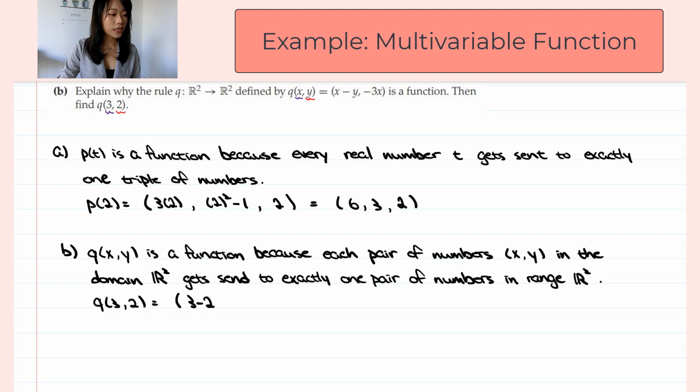Then the second component, I have negative 3x. X is 3, so the second component of the output is negative 3 times 3. So Q of 3 and 2 is 1 and negative 9.